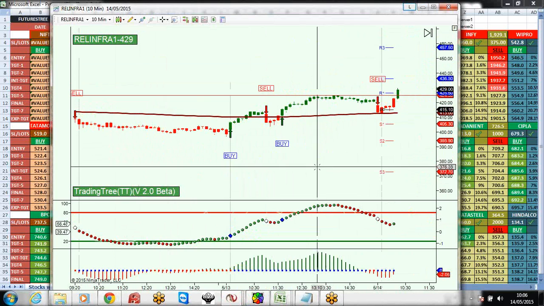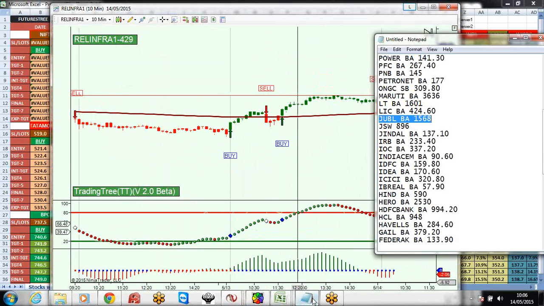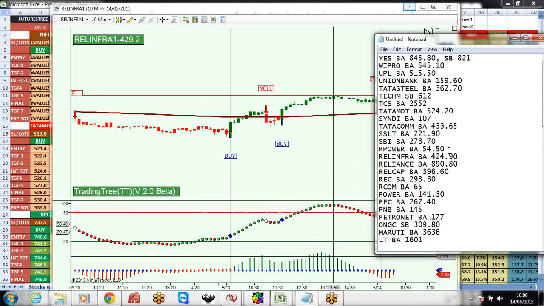We'll be getting a buy call here. Real Infra, our entry was 424.90. Now it is at 429.